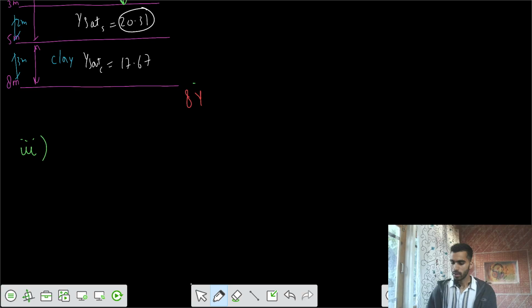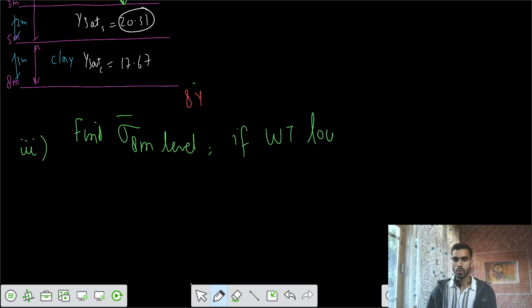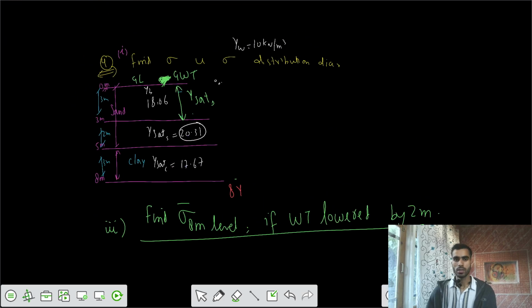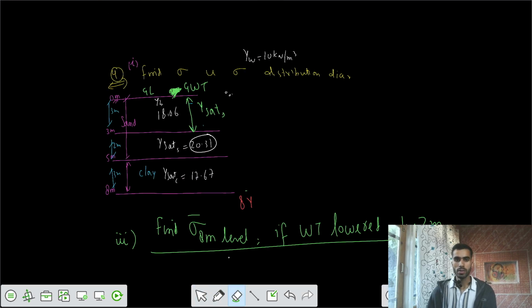It's saying to find the effective stress at that 8 meter level, but what happens if the water table has been lowered by 2 meters from the original state, not from state 2, but from the original state.